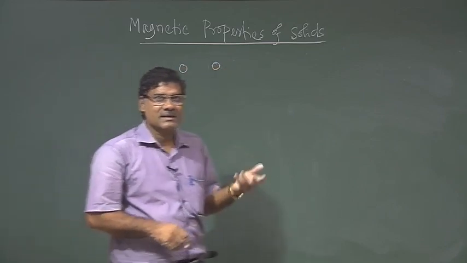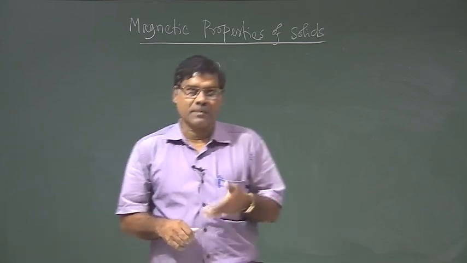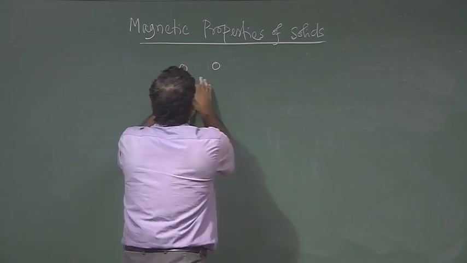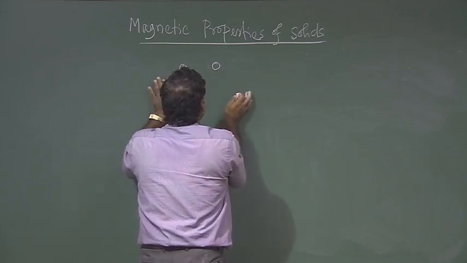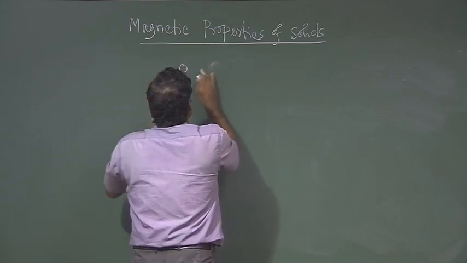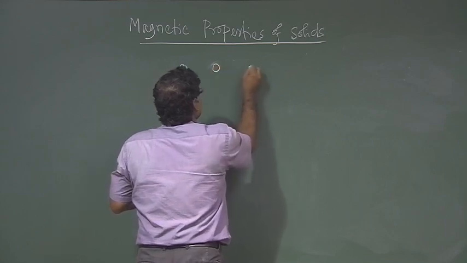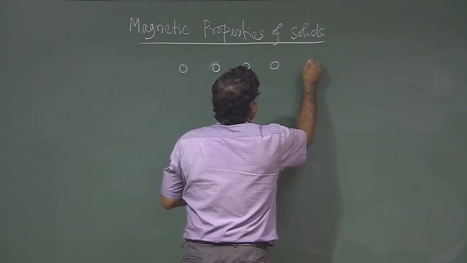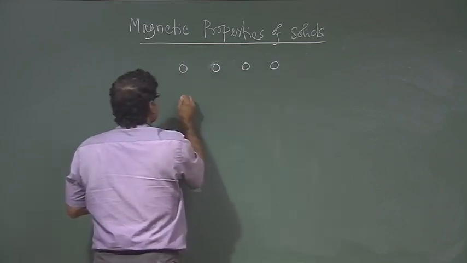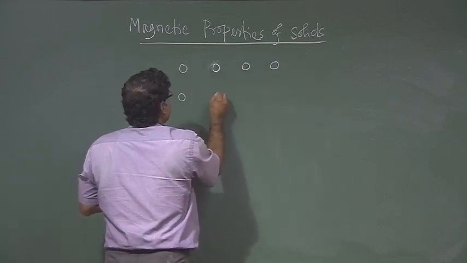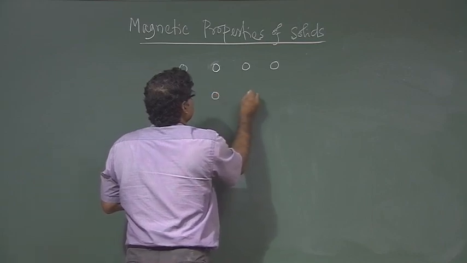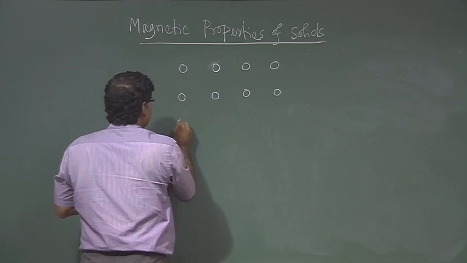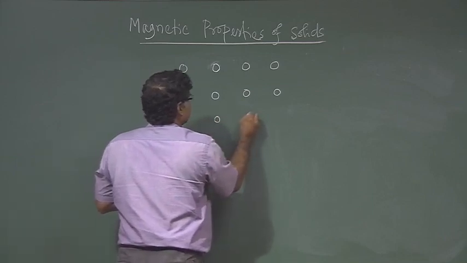Now I am discussing the origin of the permanent dipole moment. If I take a material, there will be atoms sitting at the lattice points, as we have seen from crystal structures.